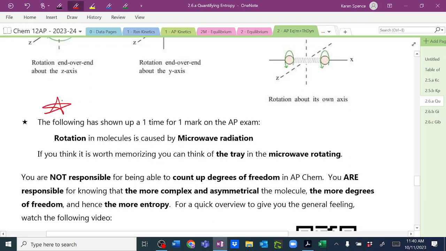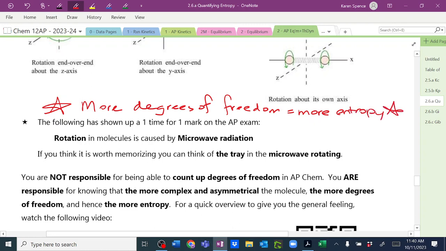More degrees of freedom equals more entropy. Now, once again, one time for 1 mark on an AP exam between 2014 and now, like in the last 9 years.